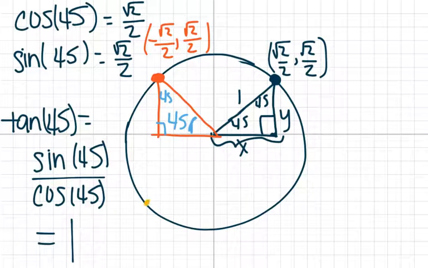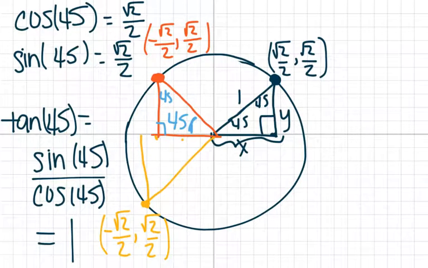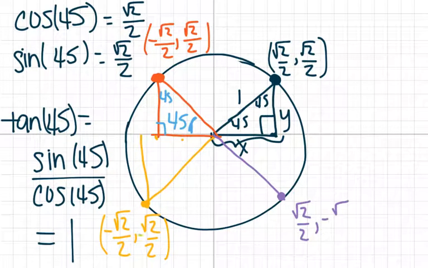I also have one in the third quadrant. Sorry, my circle's just not scaled to my axes. And this one will have negative coordinates. And then I've got one in the fourth quadrant that's got a positive x coordinate and a negative y coordinate.